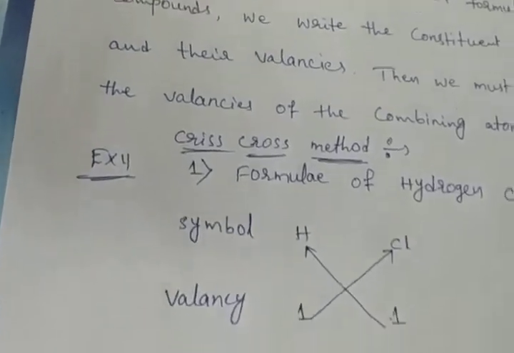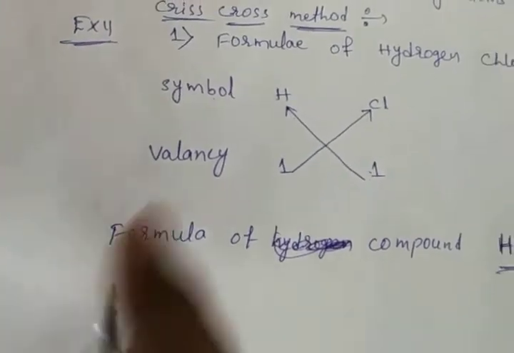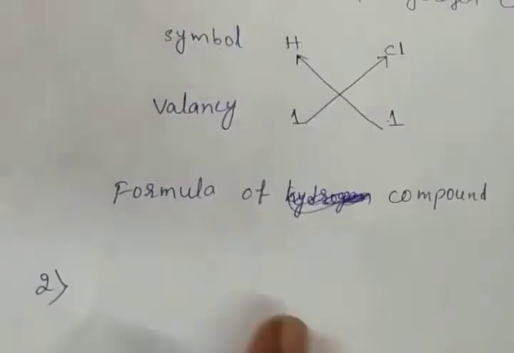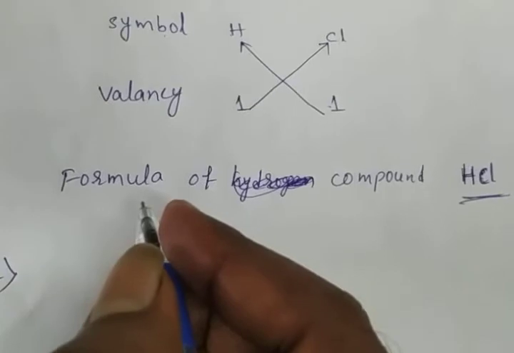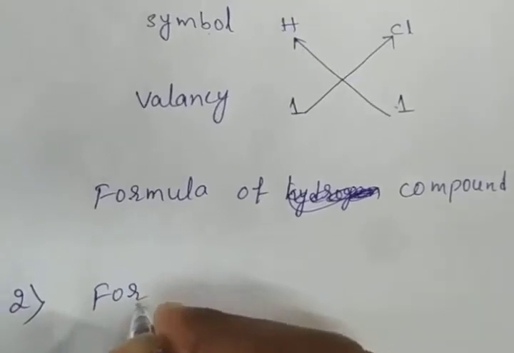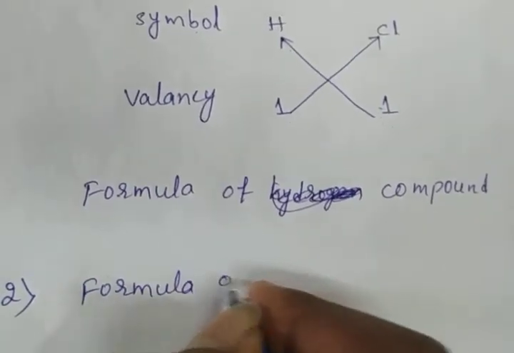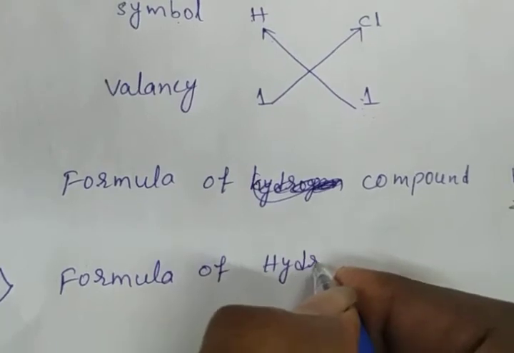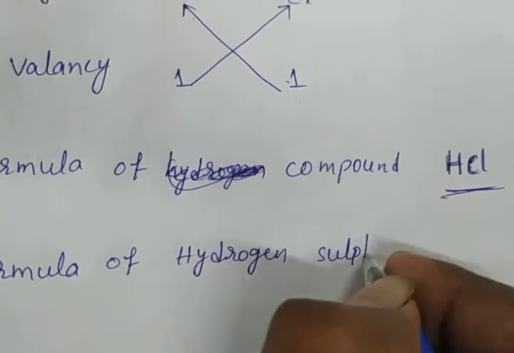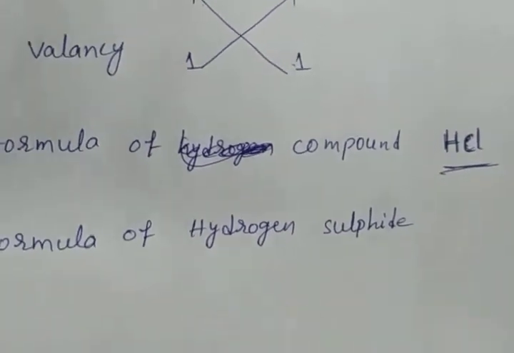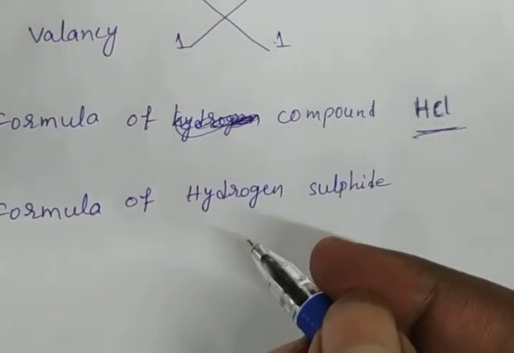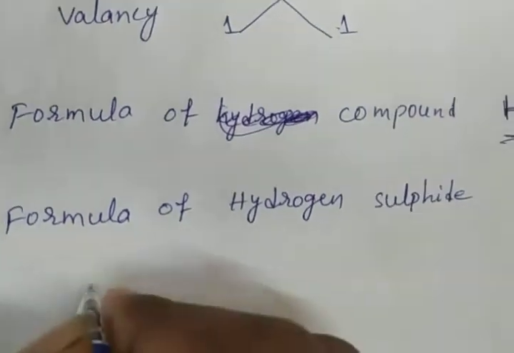Now a second example, another example with valency 2. We have to take the formula of hydrogen sulfide. Here, first we have to write the symbols.